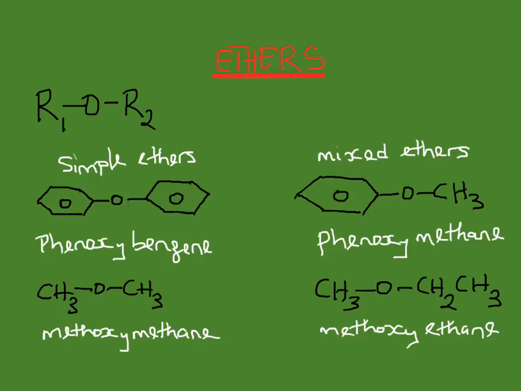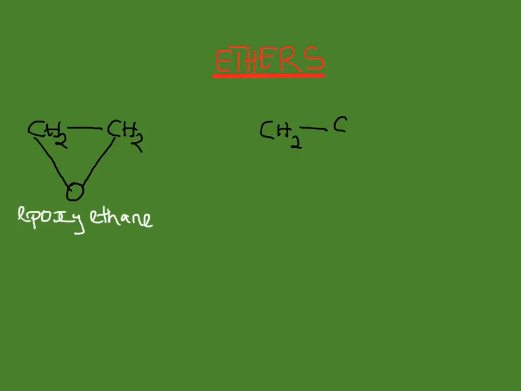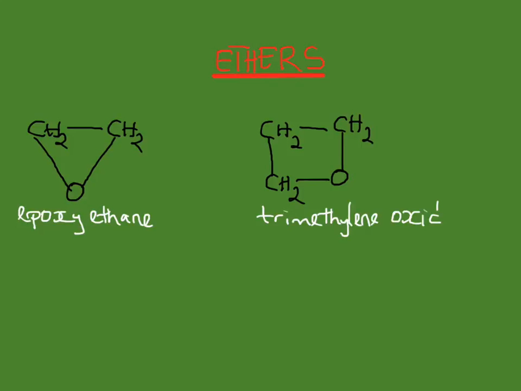There are also cyclic ethers, which contain the oxygen bonding in a ring or cyclic structure. Cyclic ethers are collectively called epoxides. Examples are epoxyethane and trimethylene oxide.